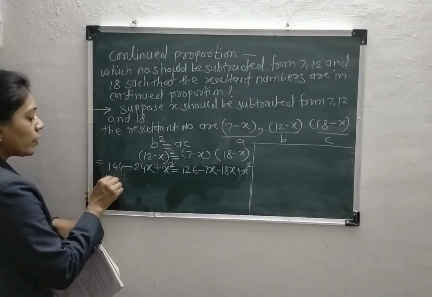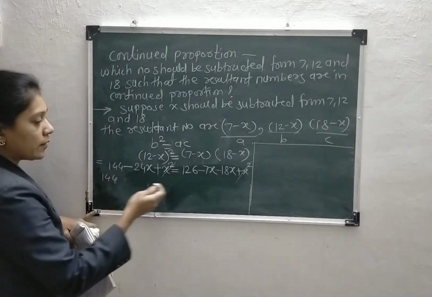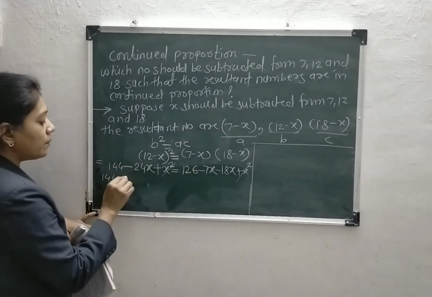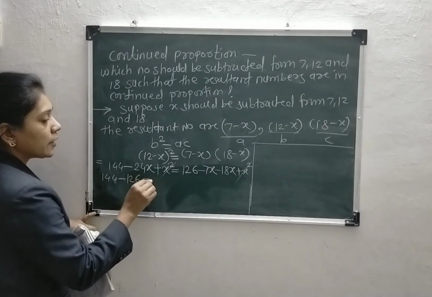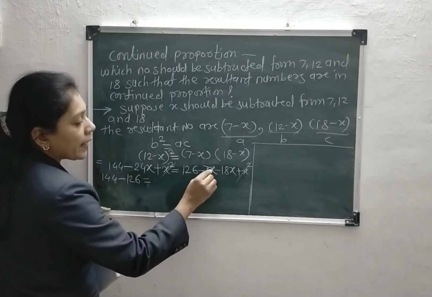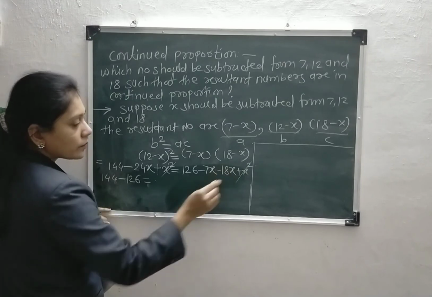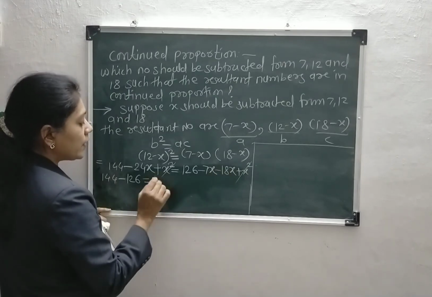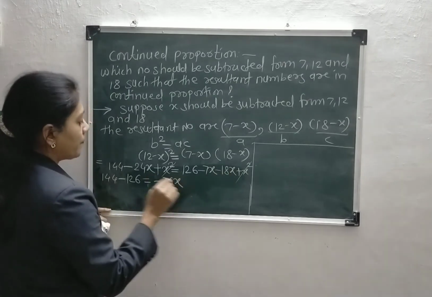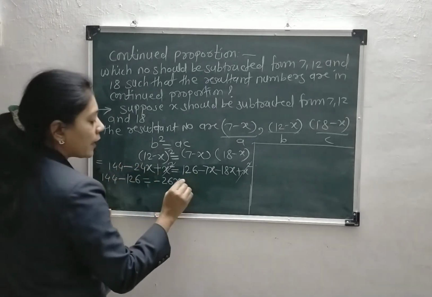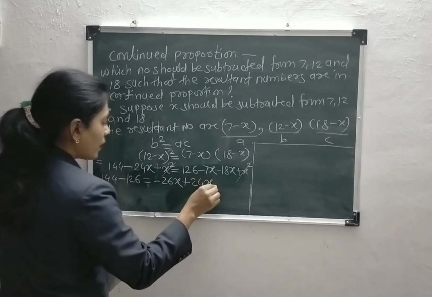Then transfer like terms together: 144 and 126 transferred this side means minus 126, is equal to minus 7x and minus 18x, minus 25x. Then this minus 24x transferred this side means plus 24x.